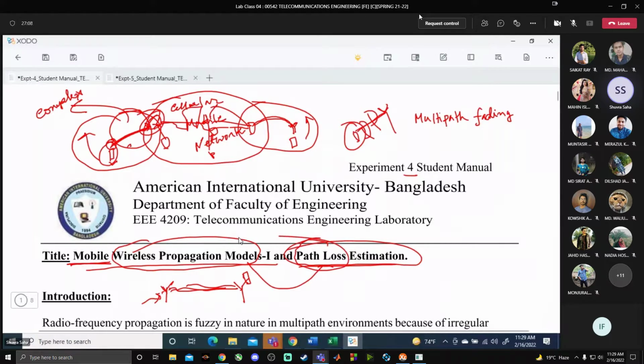Now, what is path loss? Path loss is, from the name you can understand, the total amount of loss that can happen between the mobile tower and your mobile set. Total loss. Remember, it is the loss between your mobile tower antenna and your mobile set antenna.